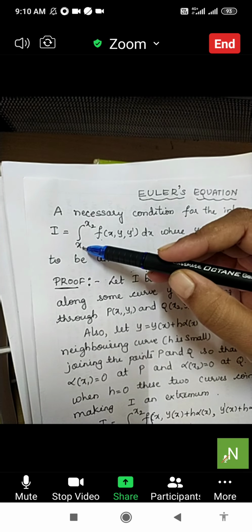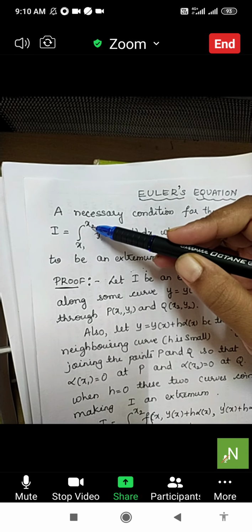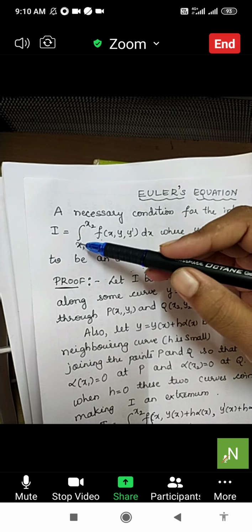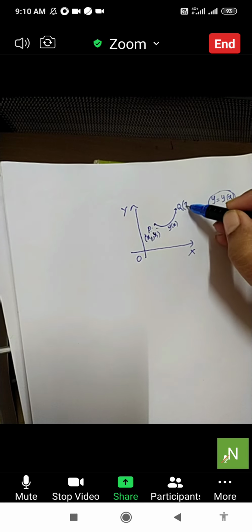If the limit says x1 to x2, you have to take the interval from x1 to x2 only, not beyond that. If it is 0 to 1, you take between 0 and 1 only. For Q, we take the x coordinate as x2 and the y coordinate is y2.